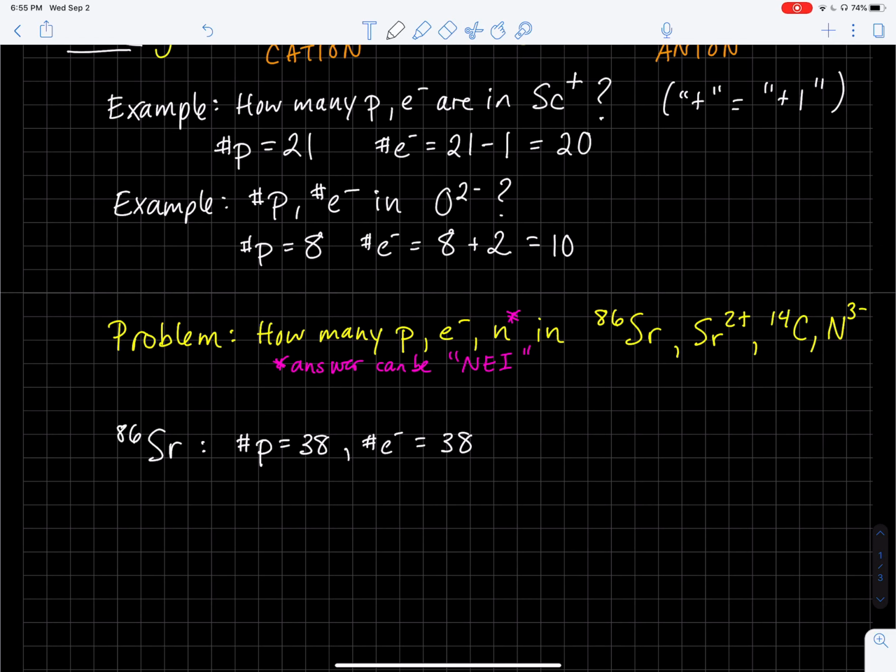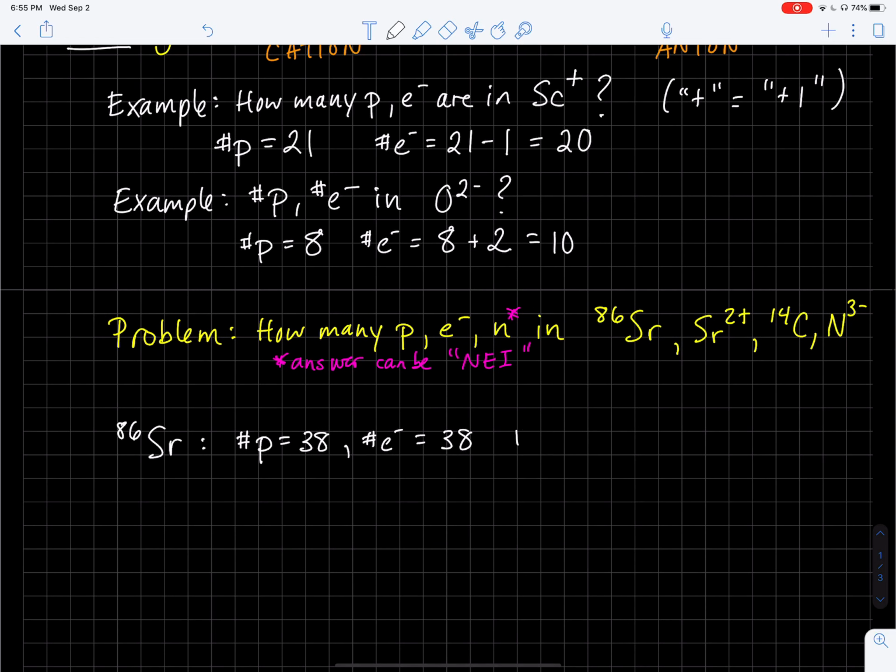And I'm given the mass number, so the number of neutrons is equal to the mass number 86 minus the number of protons. So it's equal to 86 minus 38, which is equal to 48, if I'm doing my math right in my head. 48 neutrons.